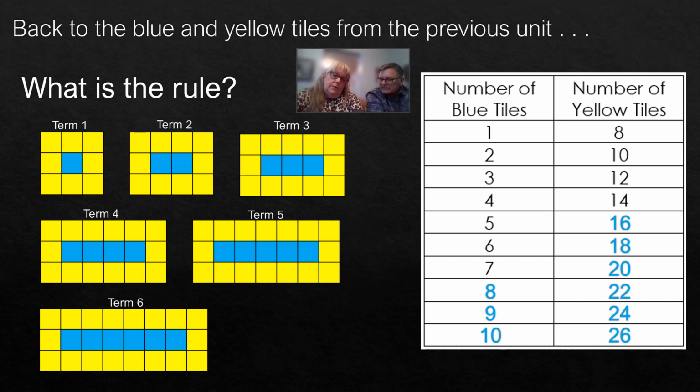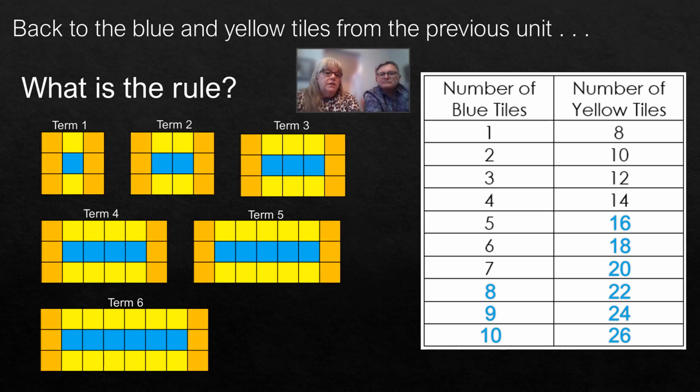That really is the X. If I'm just looking from term 1 to term 2, so 1 blue tile to 2 blue tiles, it increases by 2. And all of these increase by 2, but my rule is not going to be increasing by 2. I'm going to be multiplying by 2 for the number of the term, right? But I've got to go back.